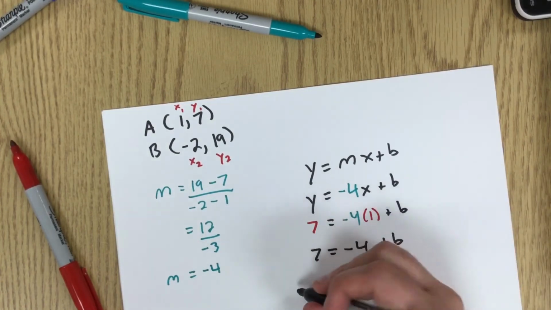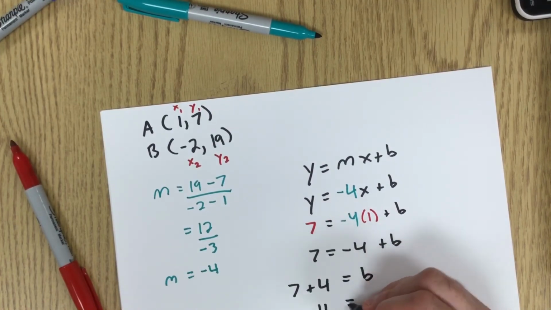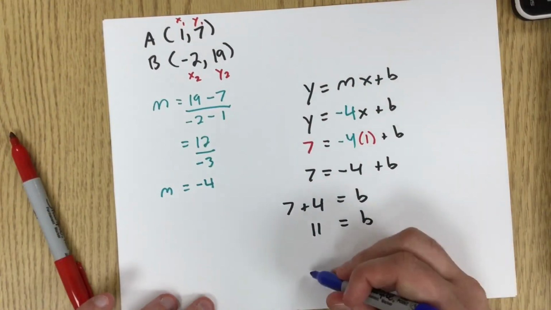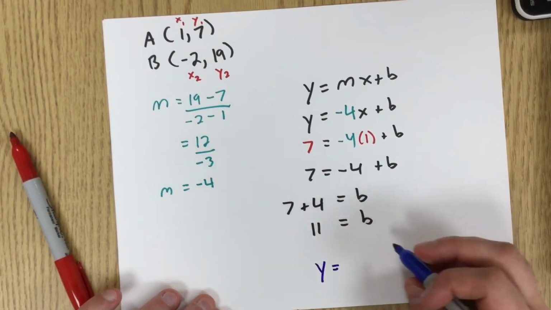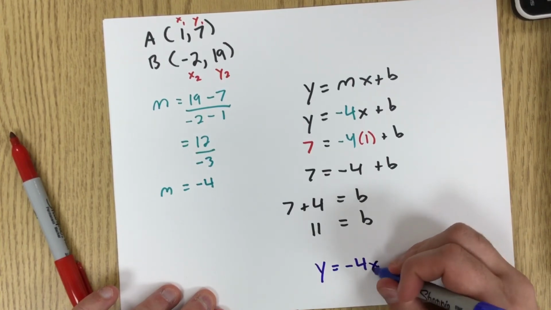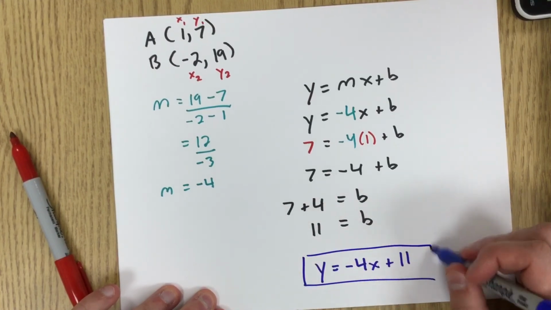The minus 4 goes to this side, becomes a positive. 7 plus 4 equals b. 11 equals b. And if we put it all together, y equals minus 4x plus 11. And that is our answer.